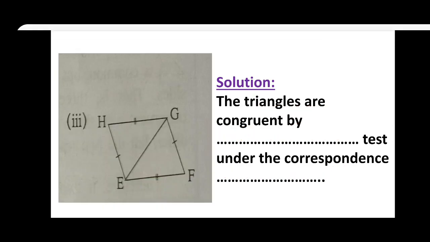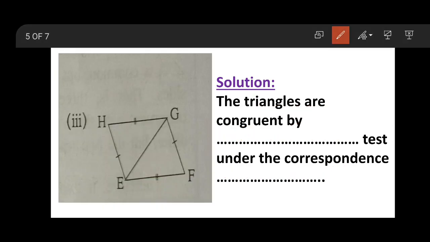Go for the third figure. Observe it. You can see one identical mark for a side, again one for this side. It means one side. These two marks show that these different sides are congruent. So again S for side. Again this is a common side. So this is also congruent. So SSS test.